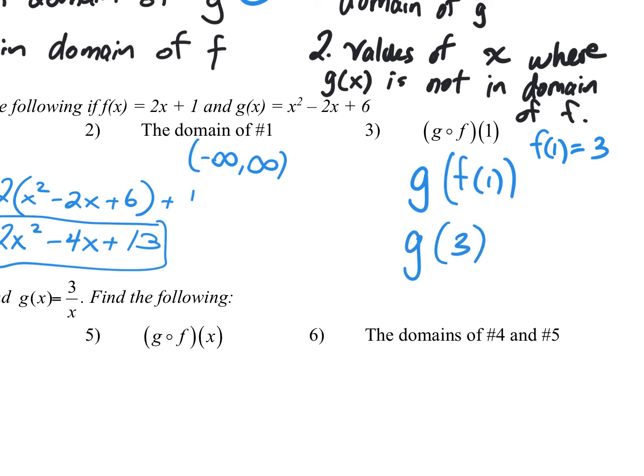Really, we're just looking for g of 3, right? So I'm going to plug 3 into g. 3 squared is 9, minus 2 times 3, well, that's 6. So when it's all said and done, g of f of 1 was the same as g of 3, which was, oh, I think I made a small mistake there. This should be a 6. Sorry about that. And we're left with just regular old 9.